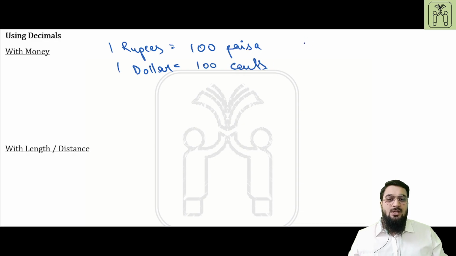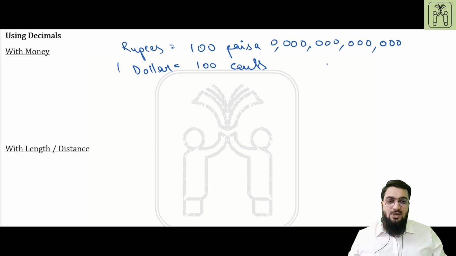Similarly, you can go on further and use the denominations, like million, billion and trillion. You know that this is ones, tens, hundreds, then thousand, 10,000, 100,000, and then million, 10 million, 100 million, and then billion, 10 billion, 100 billion, and then trillion, and so on.